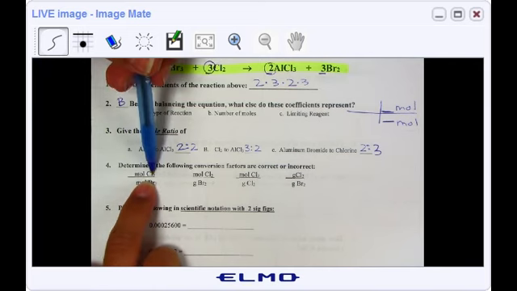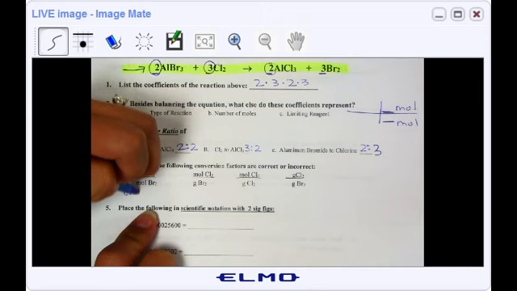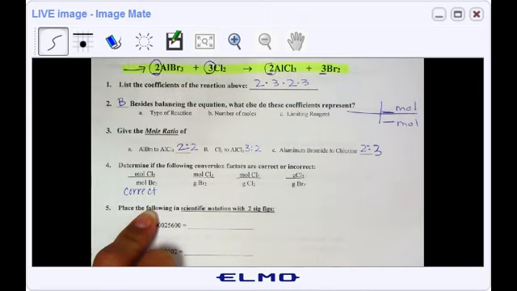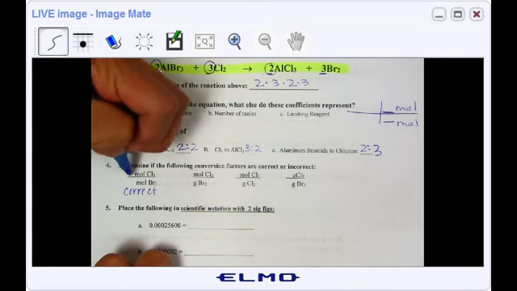A mole of Cl2 is equal to a mole of Br2. Okay, this is correct. You find the Cl2 here and the Br2, and the coefficient in front of each of them is 3, which can be reduced to just 1 over 1.